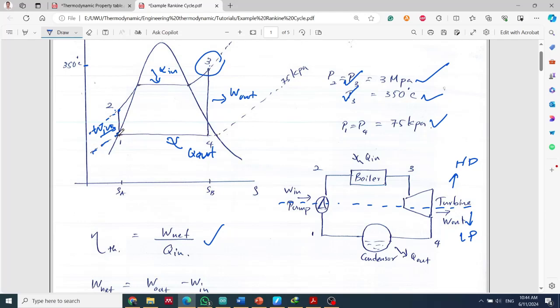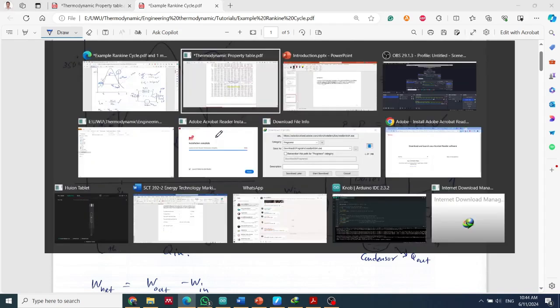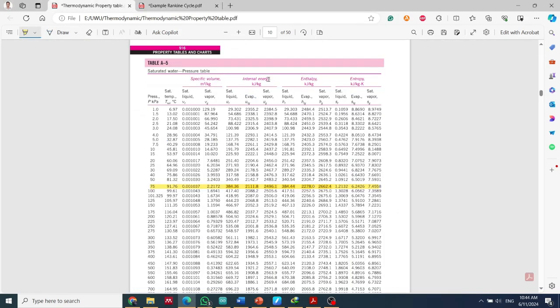So this is liquid and this is gas, right? So you can extract those values from here, enthalpy. So Hf is 384.44, right, fluid, and the enthalpy at gas is 2662.4, right.